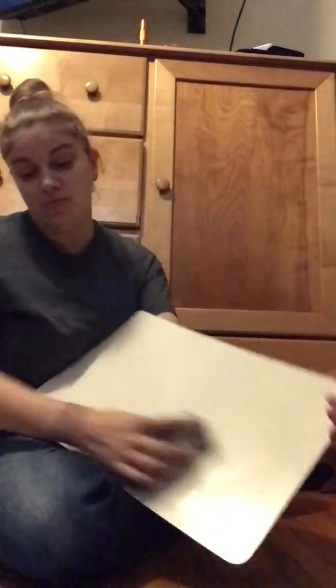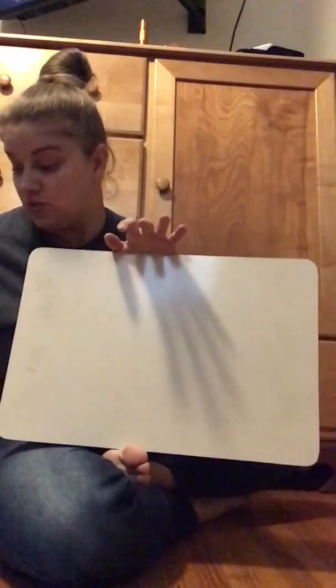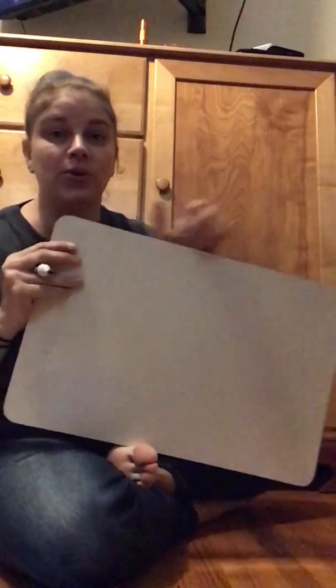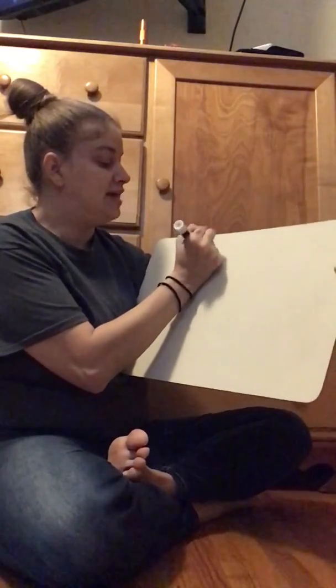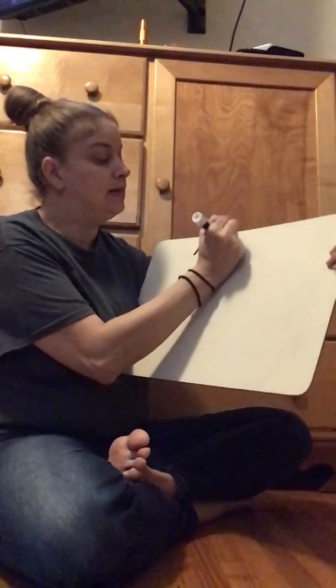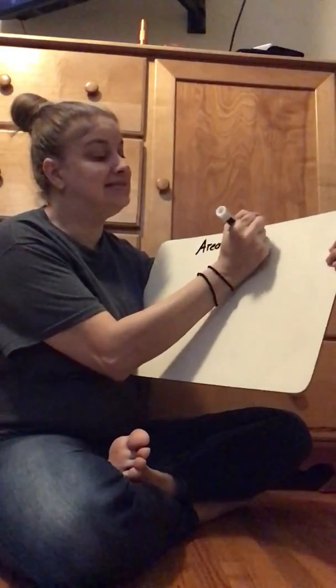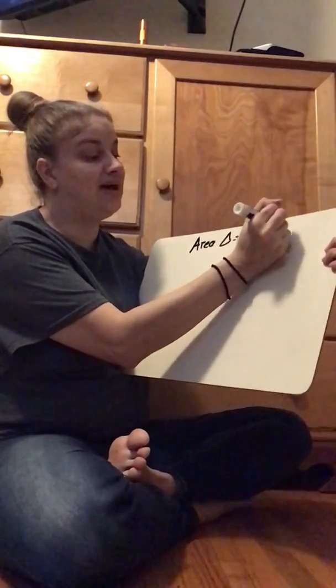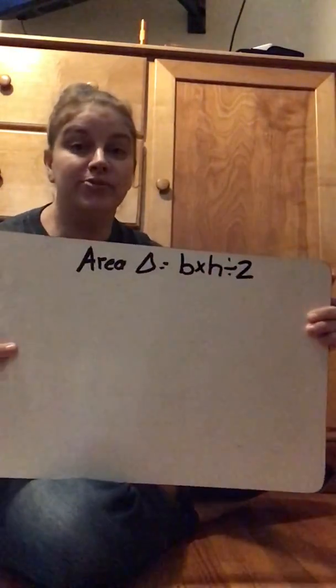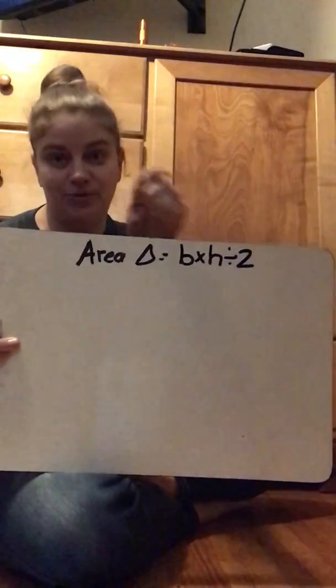All right, next problem is select all the triangles that have an area of 20 square units. Remember, area of a triangle is base times height divided by 2. You have to remember to divide it by 2 or you're going to get it wrong.